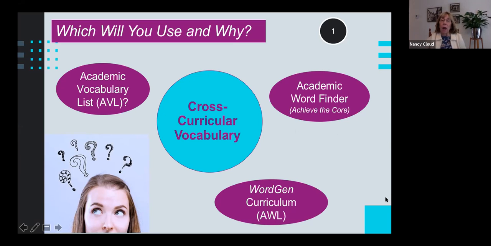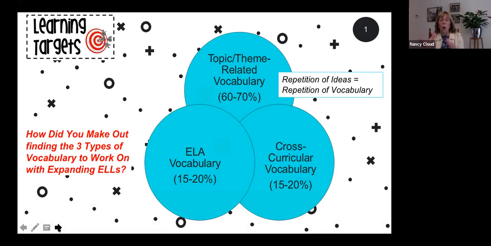The other thing that we wanted you to be doing was to consider all three types of vocabulary. Would anyone like to talk about trying to find these three types of vocabulary, your experience with looking for all three? I spoke these percentages last time, but I didn't write them down.